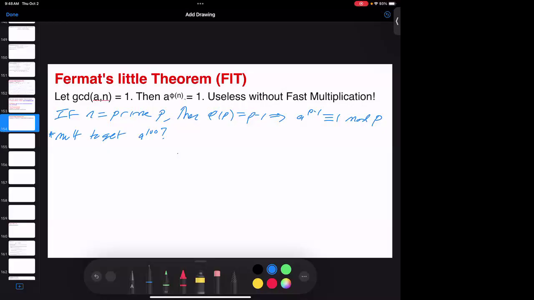Nope. You went the wrong direction. 99, right? How many multiplications does it cost to get a squared? 1. A cubed would then be 2. A to the 4th would be 3. So to calculate a to the 100, that's 99 multiplications. To calculate a to the 10 to the 400, that's 10 to the 400 multiplications.